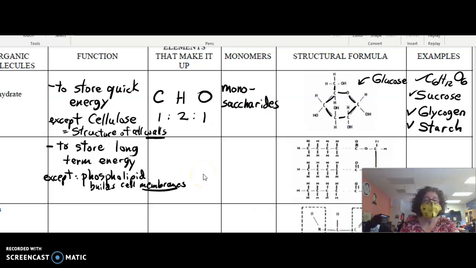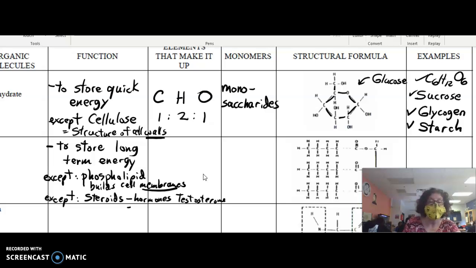Okay. All right. So lipids. The exception is phospholipids that build cell membranes. The other exception, one other exception, which I know Mr. Bouchard really enjoyed talking about last time, is steroids. Steroids, which can act as hormones, right? Like testosterone, which is a steroid.